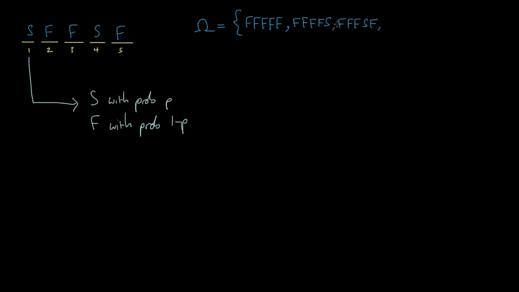Even though the amount of successes and failures are the same in these 2 outcomes, we want to distinguish between them because the success happened at a different point. And so the outcome space of this experiment would be all these possible combinations of failures and successes, so long as there are 5 in total.